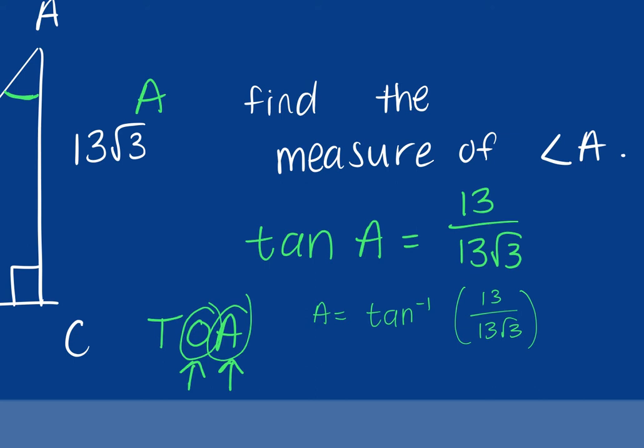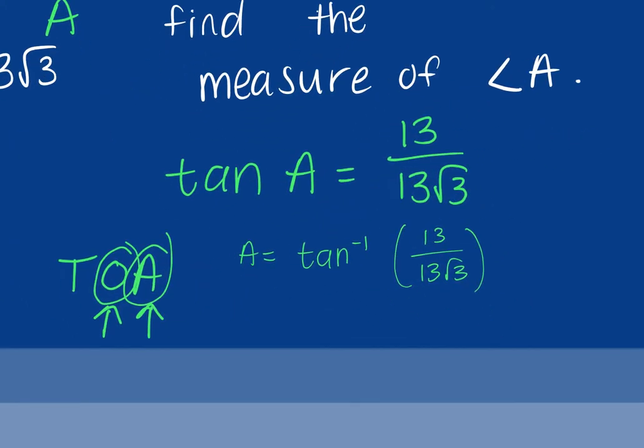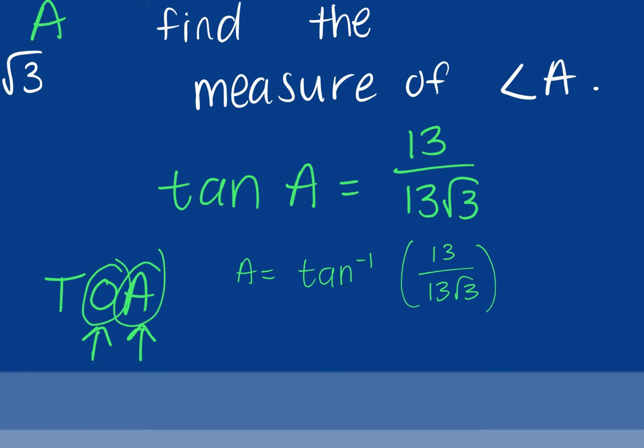Where do you put the inverse in the calculator? So let me see yours. Can you bring it up here? So some of you might not have an inverse function. Okay, so you see the yellow one? How it says tangent to the -1? That's the one you want to use.